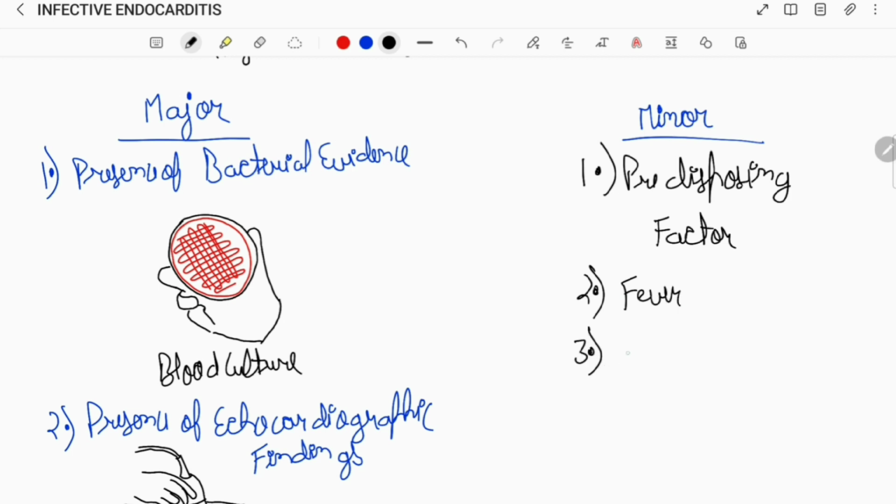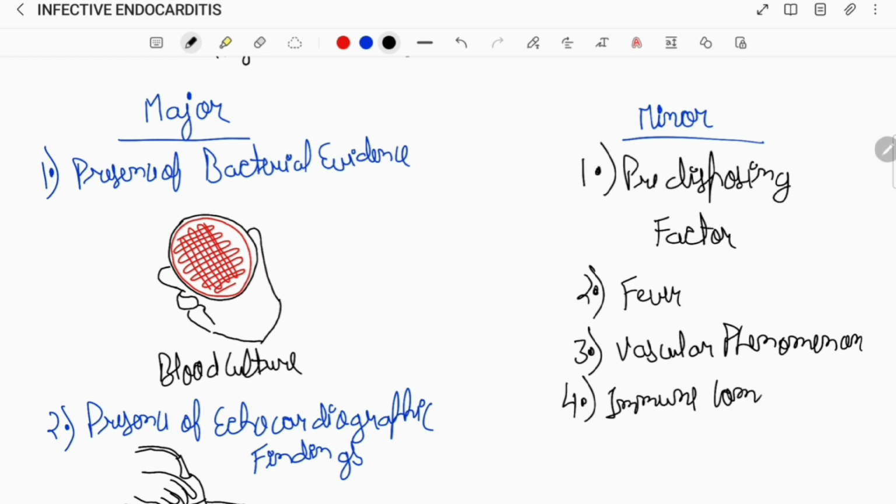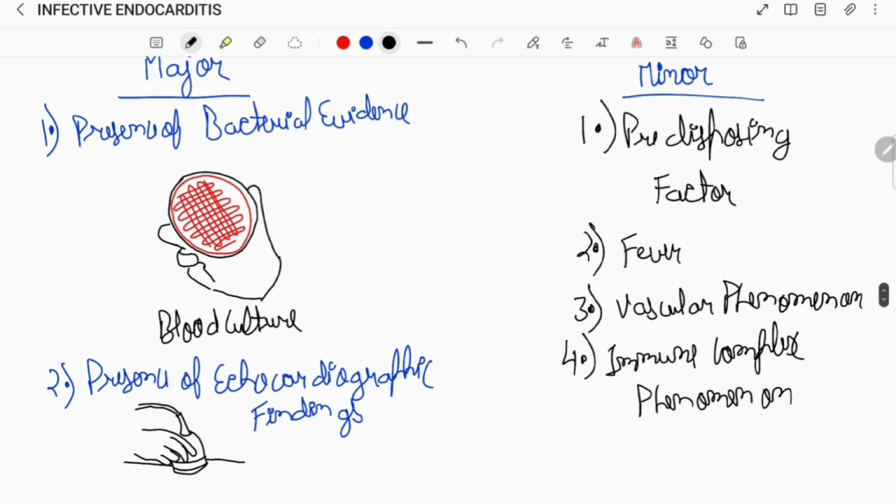Third, vascular phenomenon, which I've already discussed in the clinical features. Fourth, immune complex or say immunological phenomenon, which I also discussed in the clinical features.